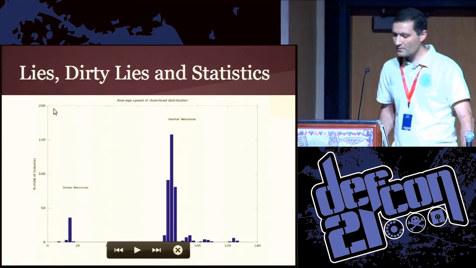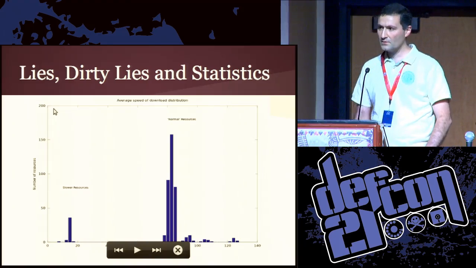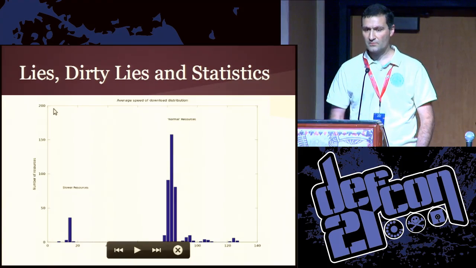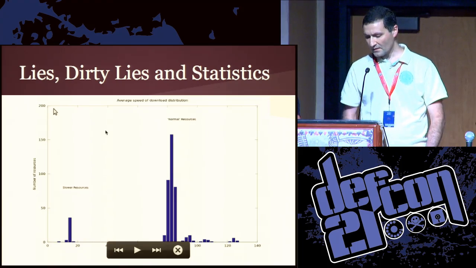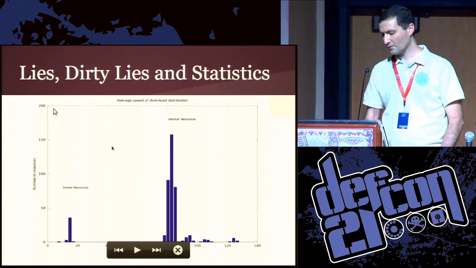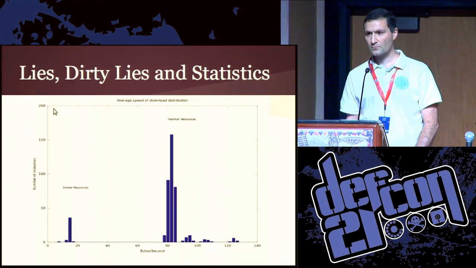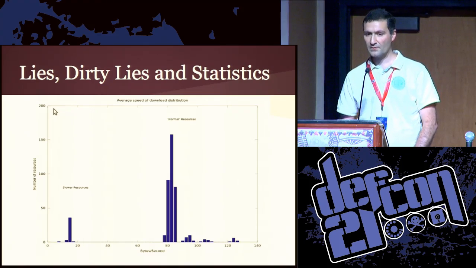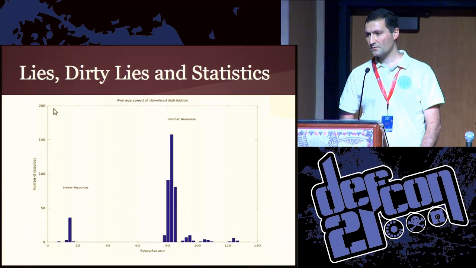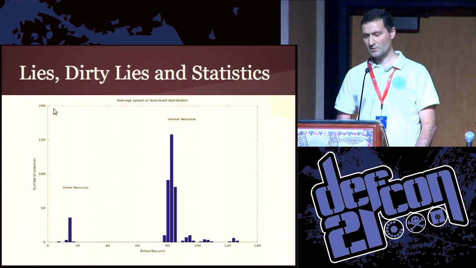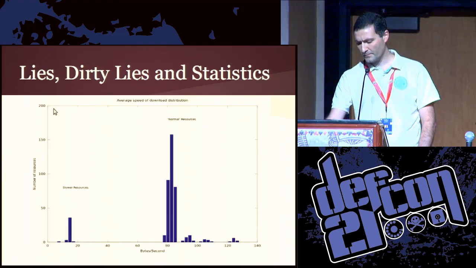So this, for example, is a chart of resource download for a website. And you can see that the majority of resources fall close together in some middle range. There are some outliers, some fast outliers and some slow ones. And the ones that are interesting are the slow ones. The question is, what causes these resources to be slow? Is it the CPU load, or is it just a slip somewhere on the page?